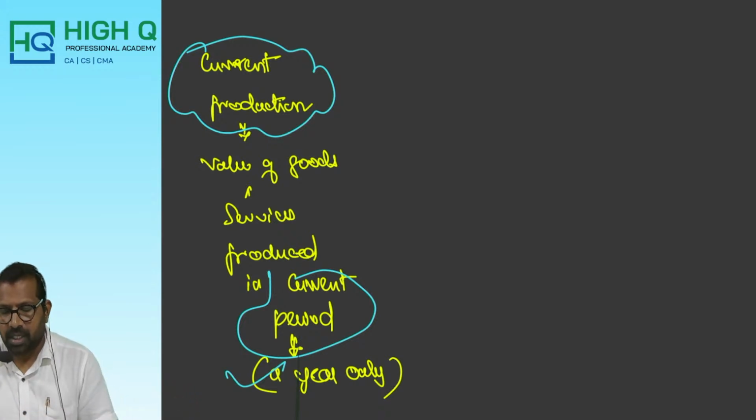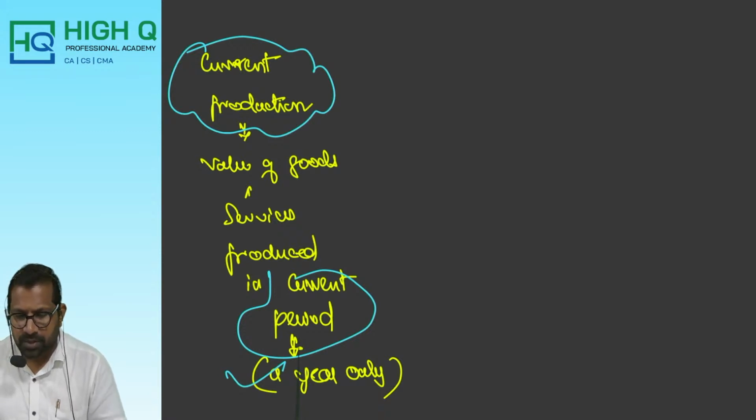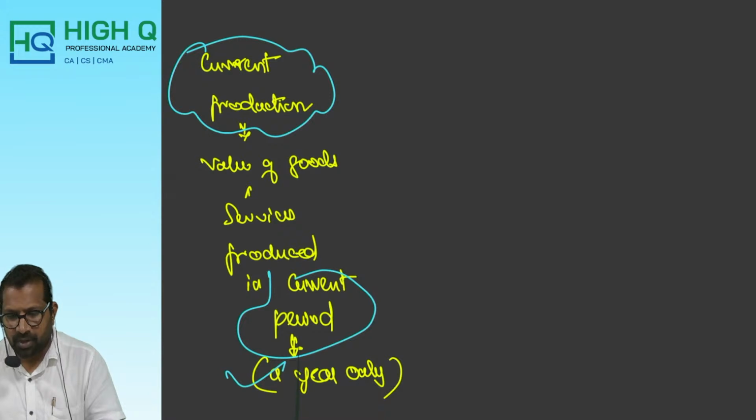So every time they calculate the national income to measure the value of goods and services, those goods and services are applicable only for the current year period, not for the previous year, and at the same time only for final goods and services, not for intermediate goods and services.